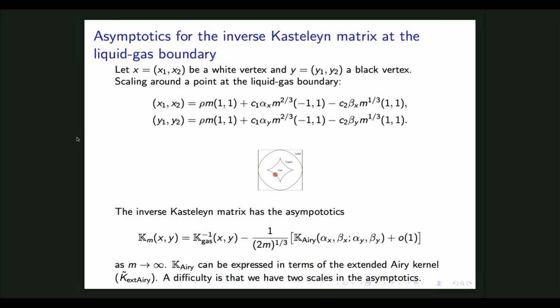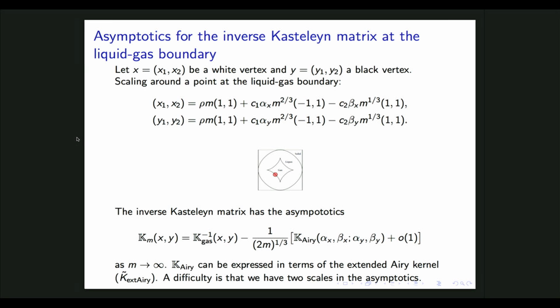And what you get is that you still have this gas part, and then you get a correction to this gas part, so this is order 1. And this goes to 0, but contains an Airy part here, which is basically the extended Airy kernel that we saw previously, or part of it.